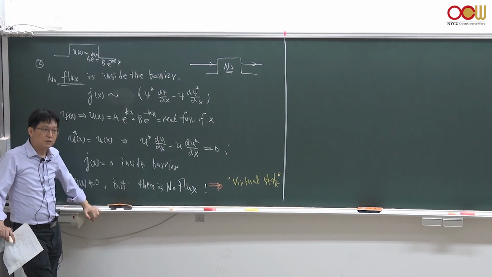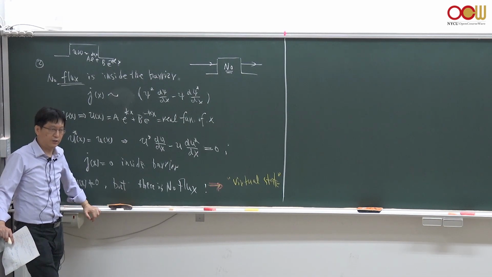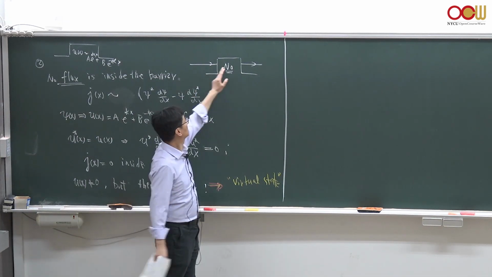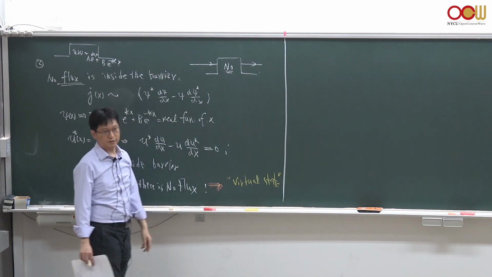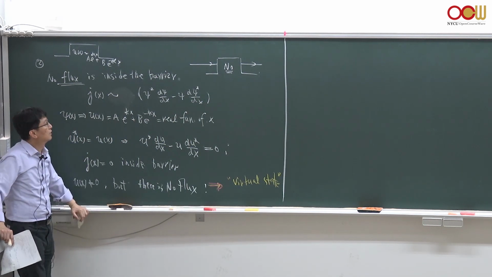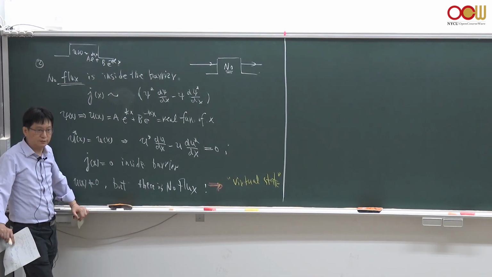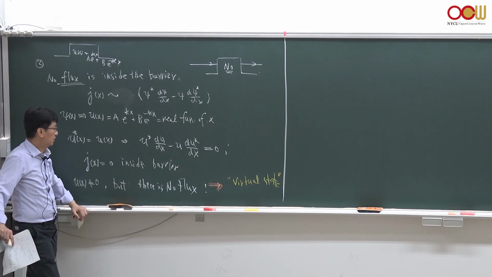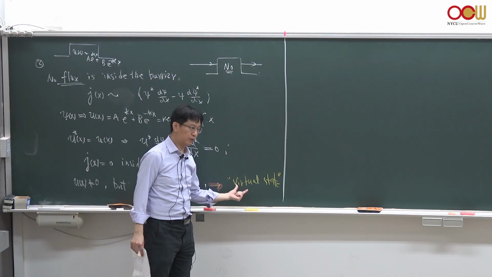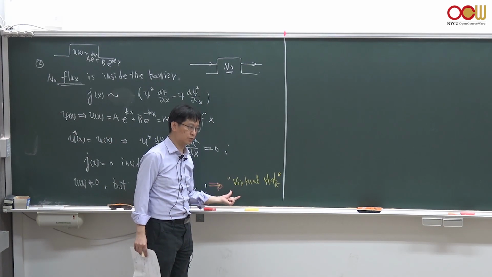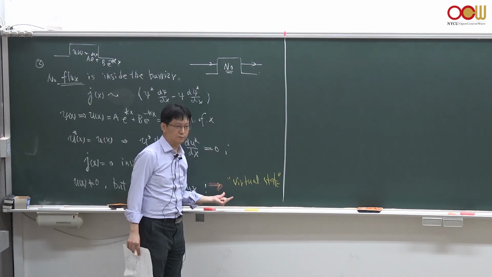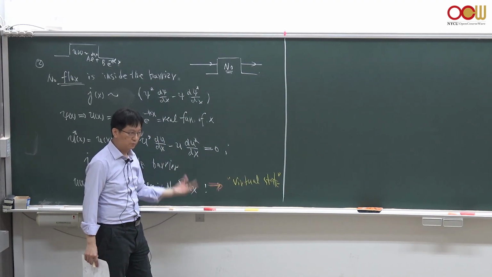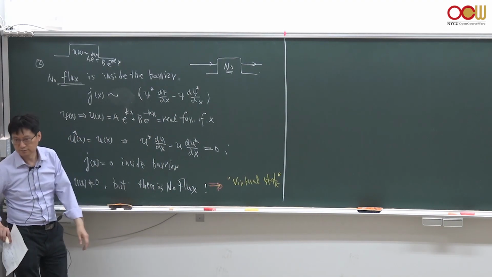Okay, so this violates the particle number conservation, right? It's kind of a jump or discontinuity between inside and outside of the barrier. Okay, so we must admit and accept that this very peculiar state called the quantum virtual state must be there. But practically, we have no access to that state.